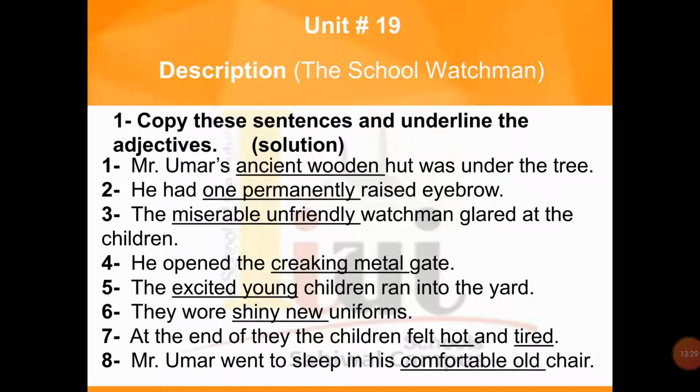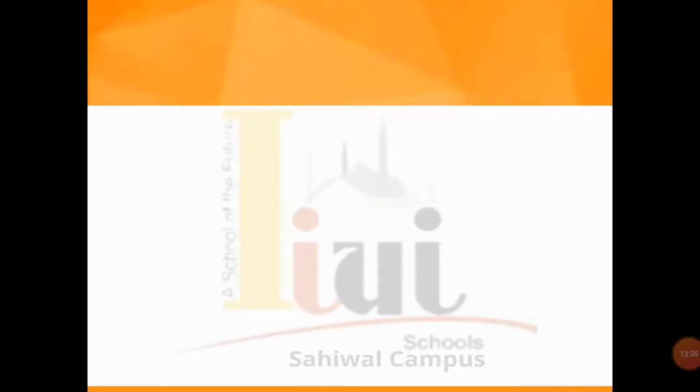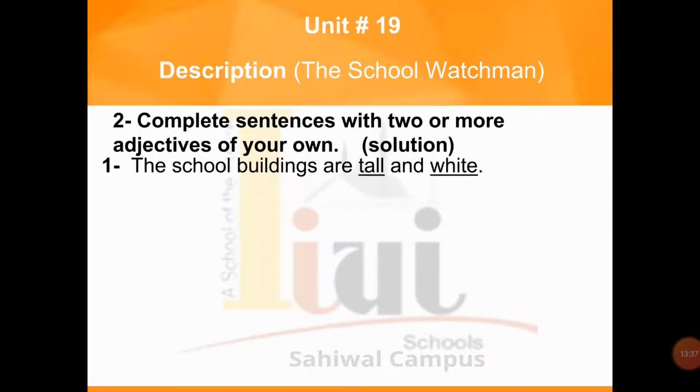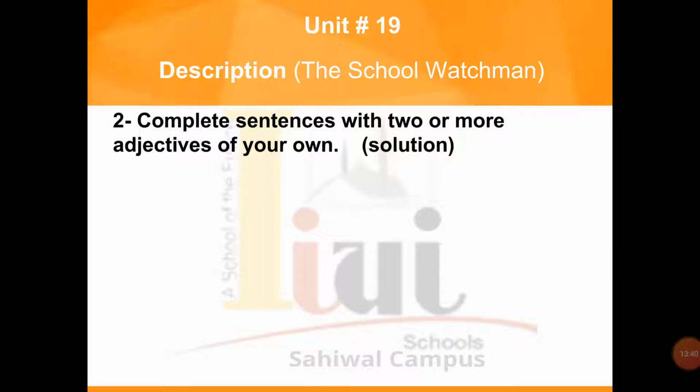Have you done this exercise on book page number 129? That's good. We have another exercise on page number 130 for the same topic, exercise 2, which is to complete sentences with two or more adjectives of your own. You just have to fill in the blanks on your book page.